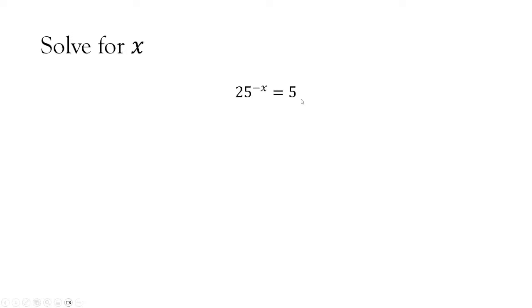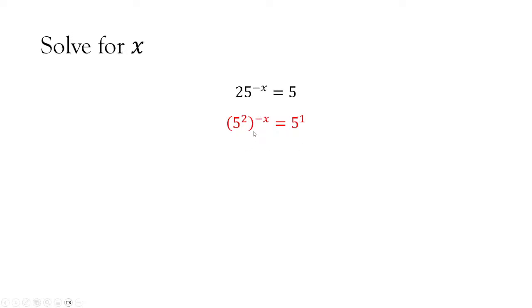Well, there's not much we can do with 5, but 25, I can definitely do something with that. I know that 25 is the same thing as 5 squared. And just for convenience, I wrote that 5 is the same thing as 5 to the 1 power. A little trivial, but it will help us.